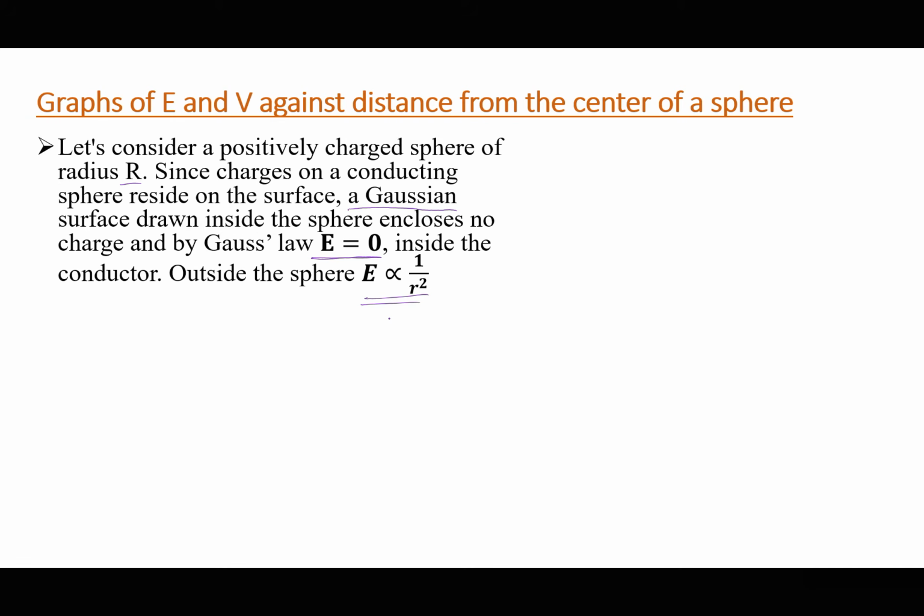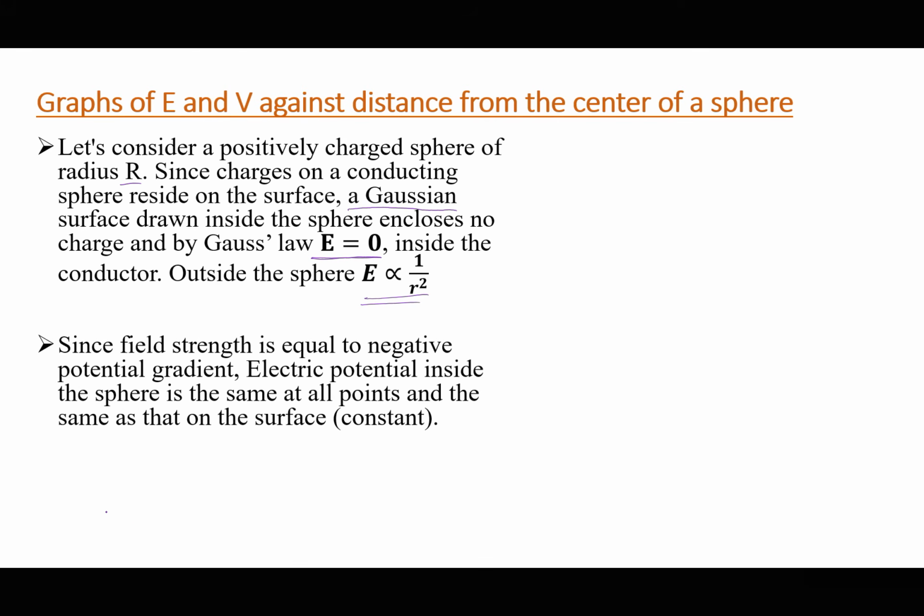But if there were charges inside the sphere, they would not move because there would be no electric field inside the sphere. Since the field strength is equal to the negative potential gradient, you therefore realize that the electric potential inside the sphere is the same at all points and the same as that on the surface.